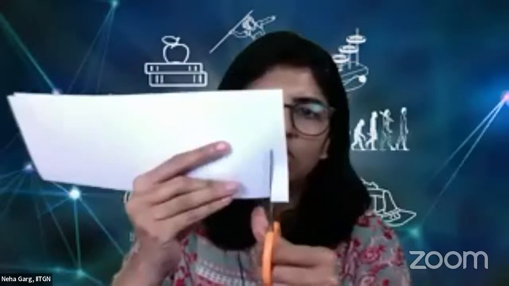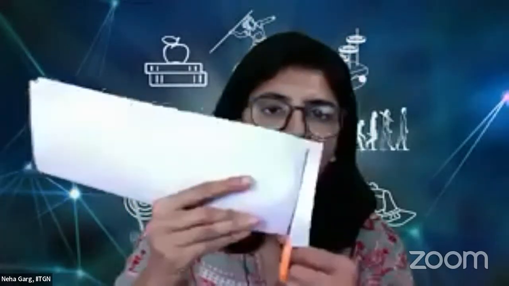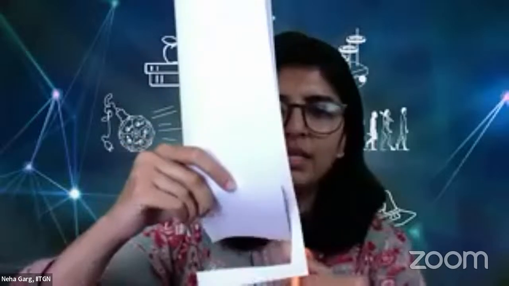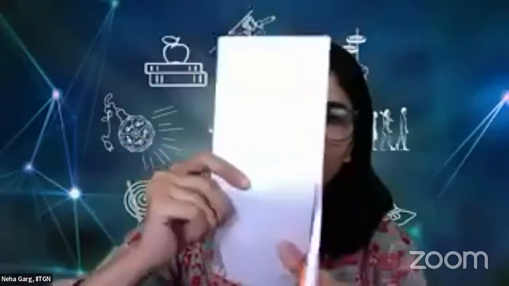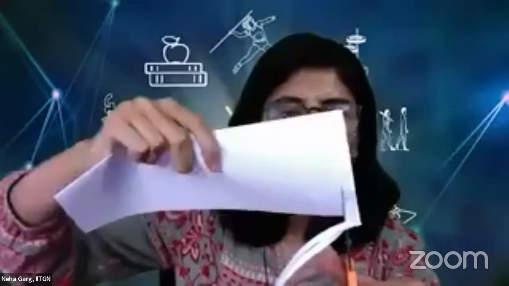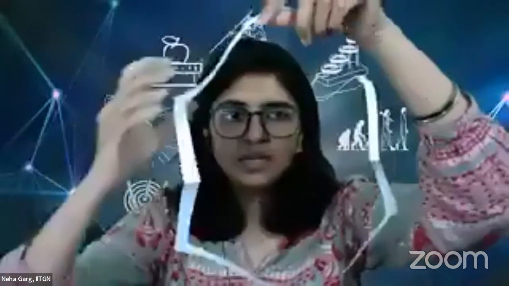What I can do is fold this paper in half and cut it like this, leaving a very small side. And what I get is a hole like this. So this has come out, this has come out, and this is the hole in the paper.